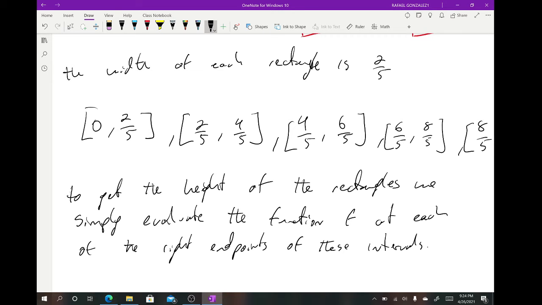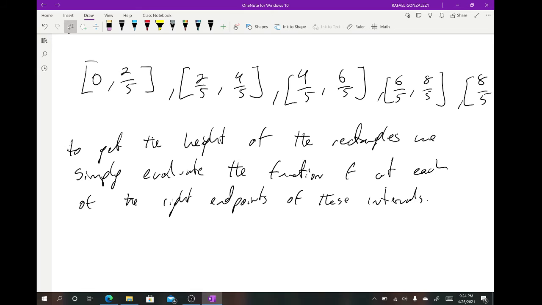So what we really are doing is, for example, to get the area of this first rectangle, the area, let's call it A1, of that first rectangle is going to be base times height. Well, the base, I know the width is 2/5, times the height. Well, the height is f of 2/5 because that's the right endpoint.